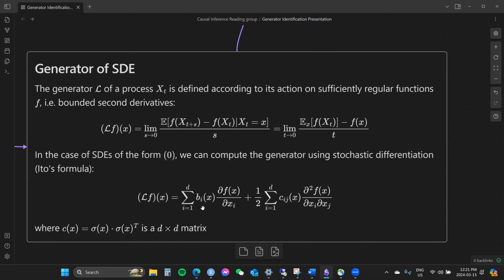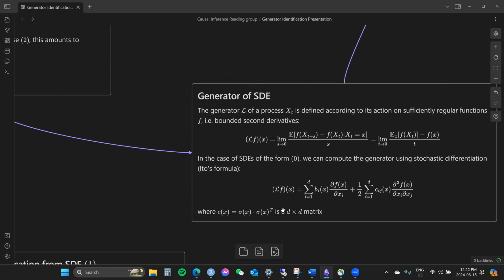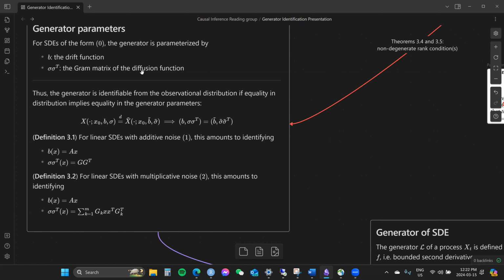Because the first term only depends on the drift, and the second term only depends not on the diffusion, but on the Gram matrix of the diffusion. So this is why the generator is essentially the parameters up to the Gram matrix of the diffusion.